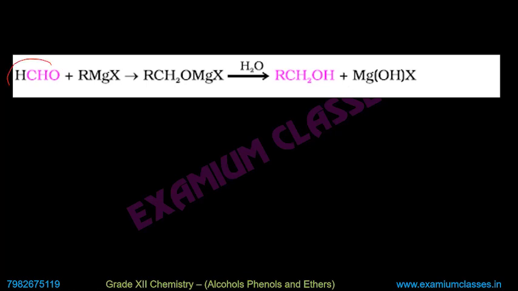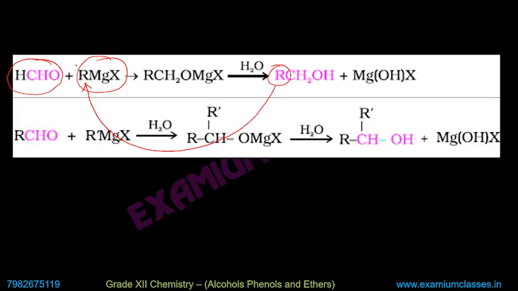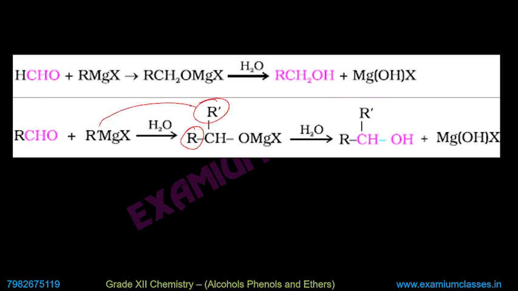So if I react it with methanal, whatever I need, this R will be decided by the Grignard reagent. It means I need to have that alkyl group in the Grignard reagent itself. For example, if I have RCHO, then I will get R and R dash from here, which means it will be a 2 degree alcohol.